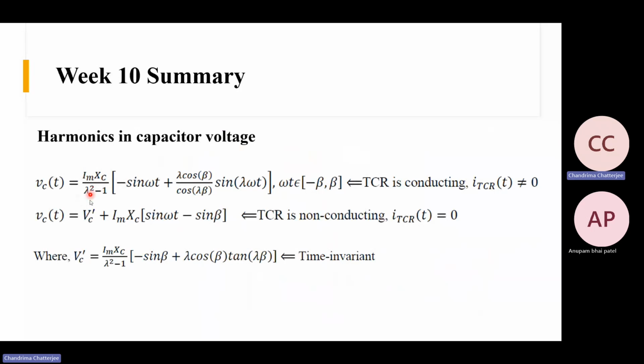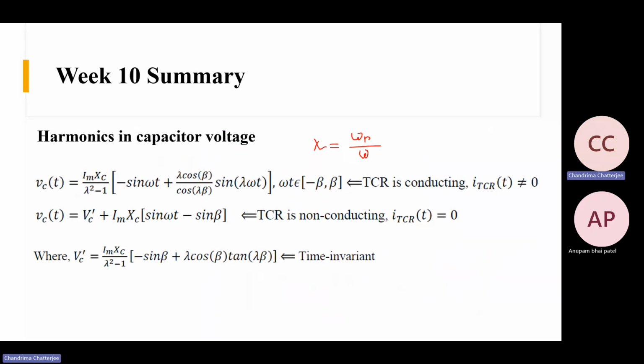And lambda we already discussed. So lambda is basically omega r by omega, where omega is the power frequency and omega r is the resonant frequency.